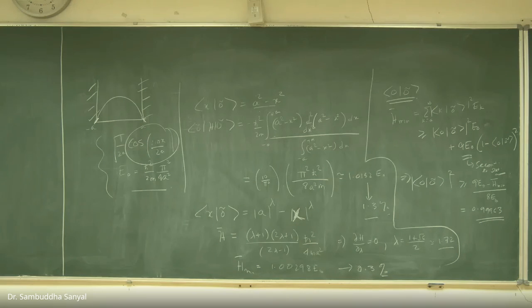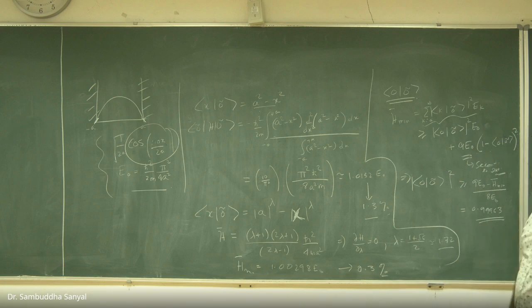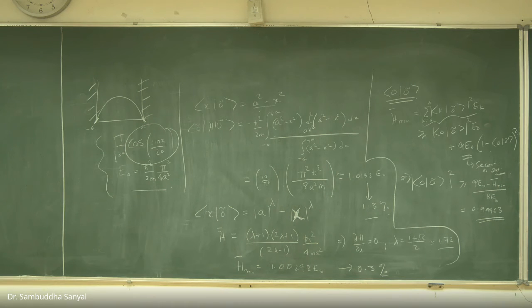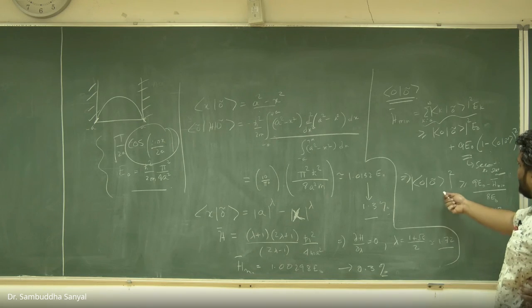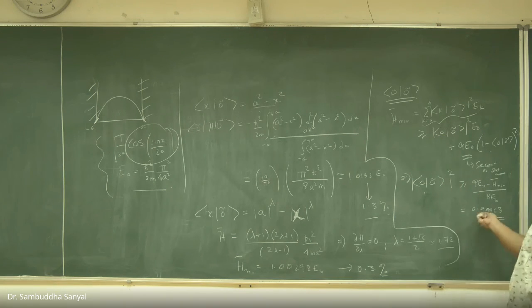If I estimate all the other states as that, this energy will always be greater than this. Why 4E0? You could have chosen 4 also; it's just a choice. But the point is, at the end, what you are trying to prove is not what this is. You are trying to prove that this is greater than this. You are trying to prove a bound. Okay.